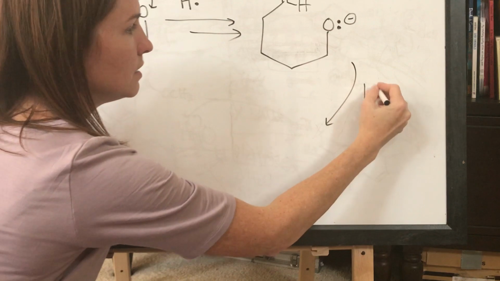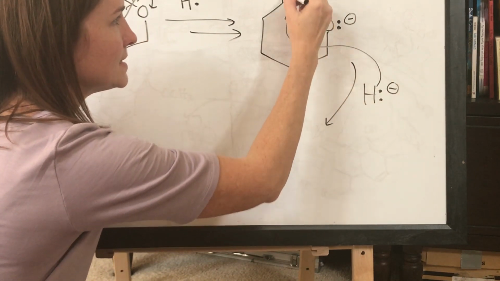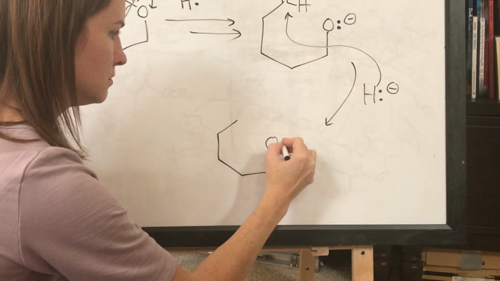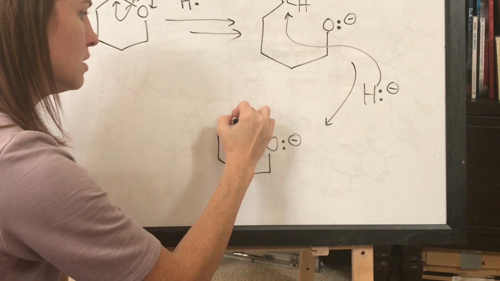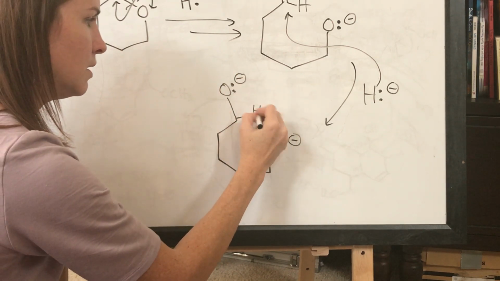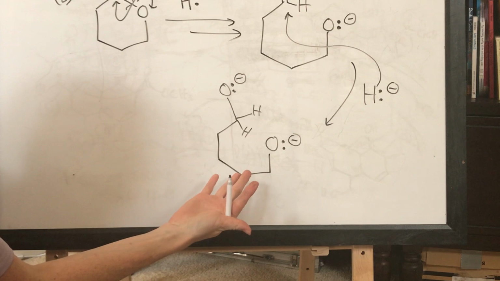And then another hydride ion comes in, attacks a second time, kicks up. We've still got this O- over here. Now we've got another O- here. And we've at this point added 2 hydride ions to that carbonyl carbon. And now again, this molecule just sits here.